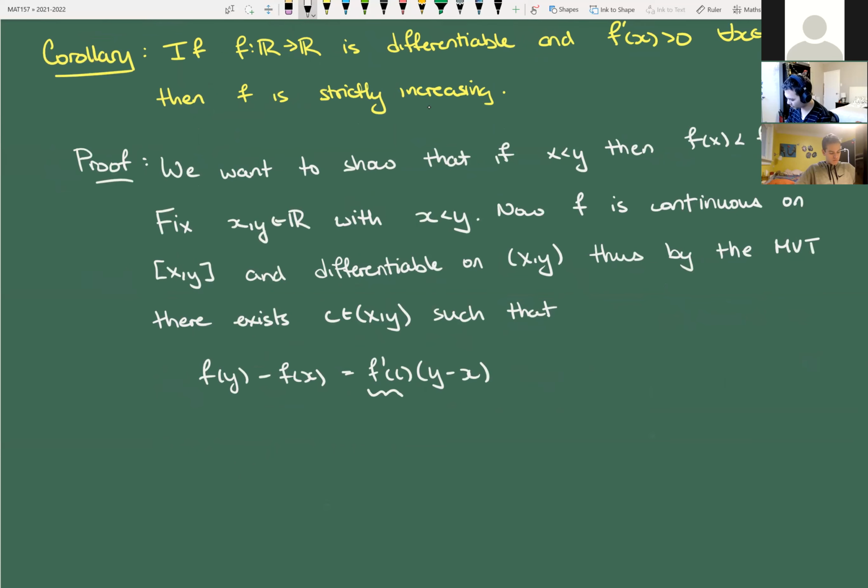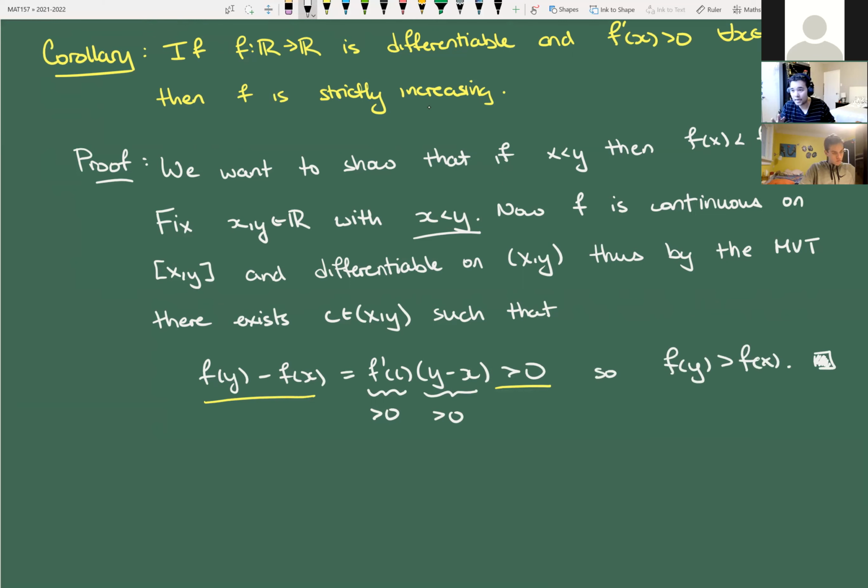Okay, but f prime of c is always greater than 0. And y is bigger than x, right? Like we assume that. So this is always also greater than 0. So this whole thing is greater than 0. And now if we just move that to the other side, we get f of y is greater than f of x. And that's what we wanted.